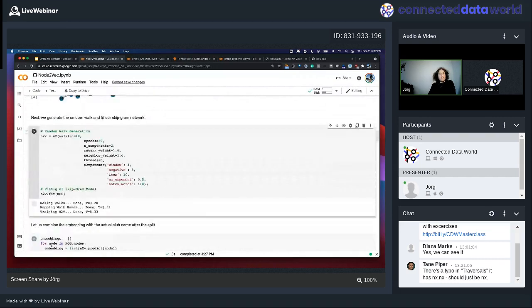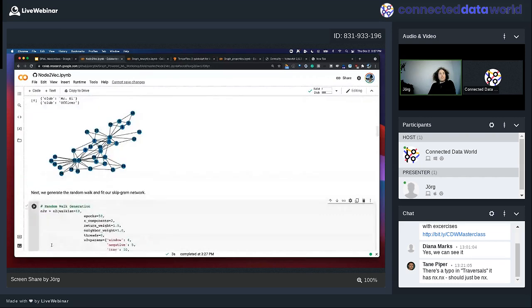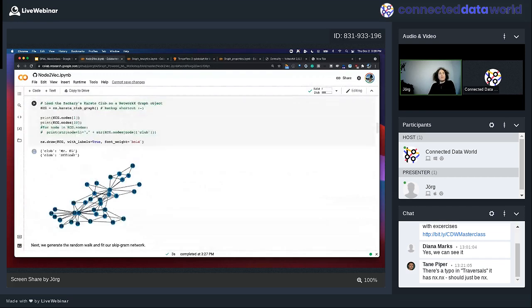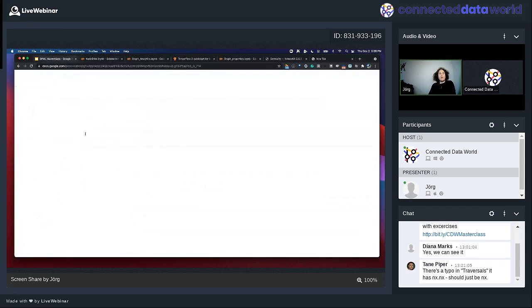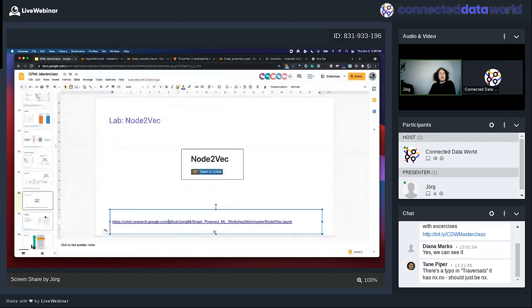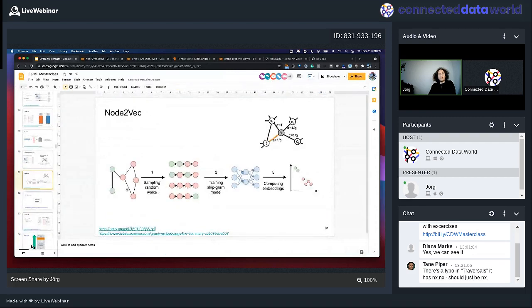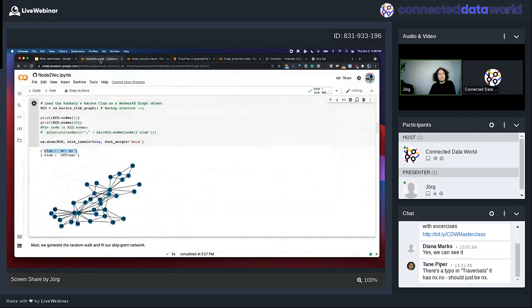One interesting aspect of those random walks and node2vec in general is that it doesn't take into account any of those features at all. Again, recall what we talked about in the beginning: it only considers the structural information, which node is connected to which other node.